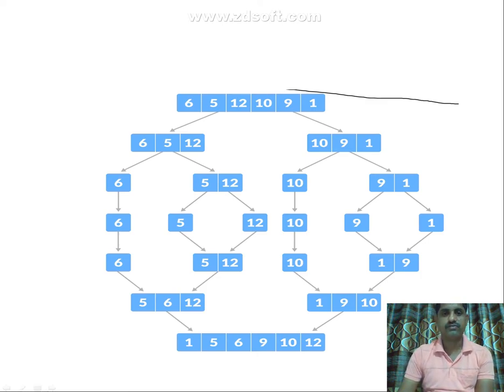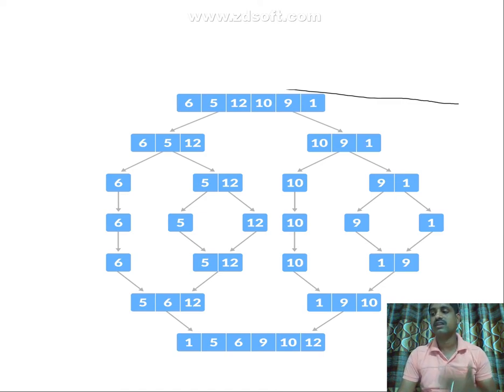First 6, 5, 12, then 10, 9, 1. Then 6 is the first element and the next two elements are 5, 12. Then 5, 12 are merged, and then the three elements are merged: 6, 5, 12 becomes 5, 6, 12. This is one of the recursive calls.